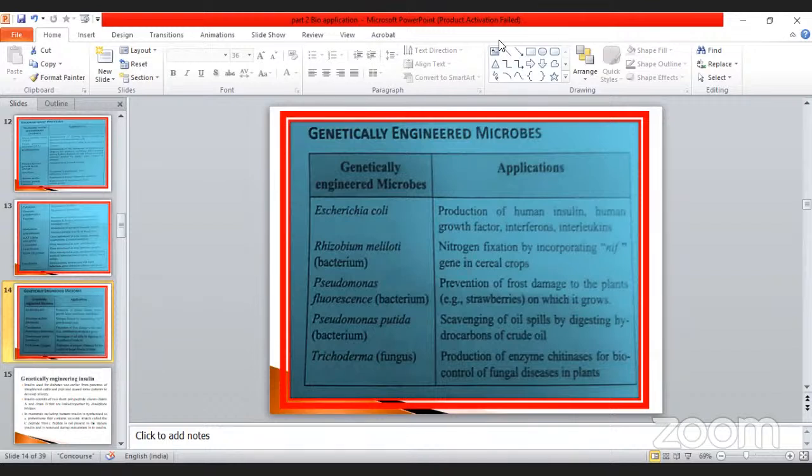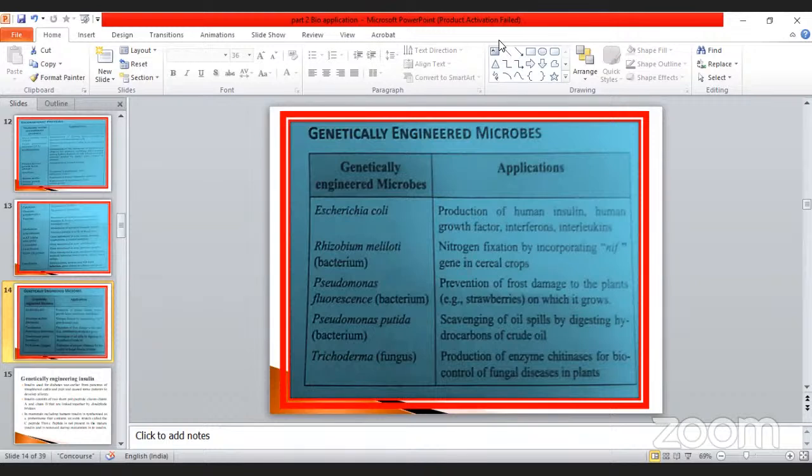That's all. In cereal crops, take an example of all the cereals. The Rhizobium meliloti, one of the bacteria. What is the main role of the bacterium in plants? Maximum nitrogen fixation, particularly when incorporated with the NIF gene, and it also enhances soil fertility.